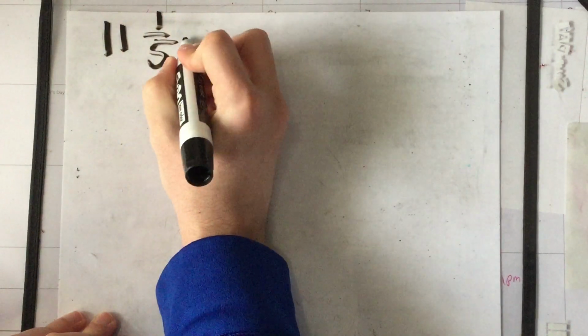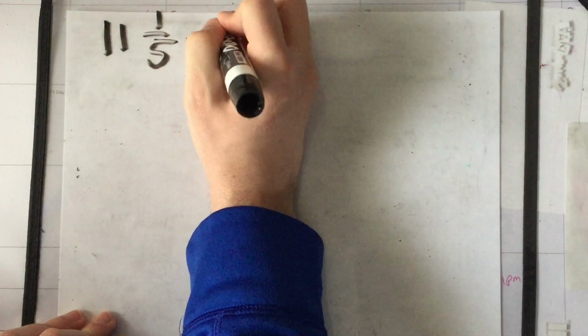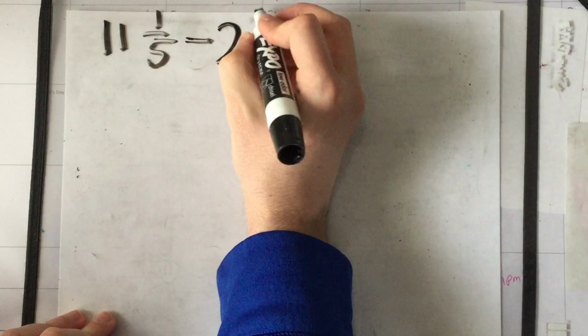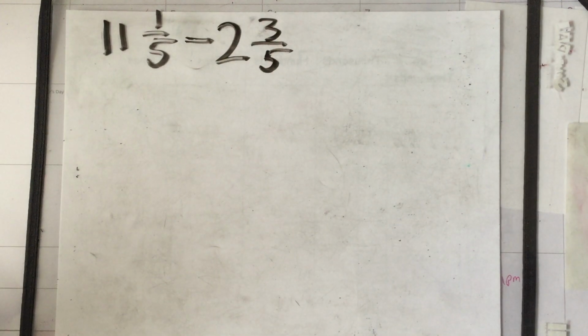So let's take a look at an example question here. I have 11 and 1/5 minus, oh, not that, that's not a big enough number, 2 and 3/5. So now I have 11 and 1/5 minus 2 and 3/5. My first step is going to be to subtract the whole numbers.